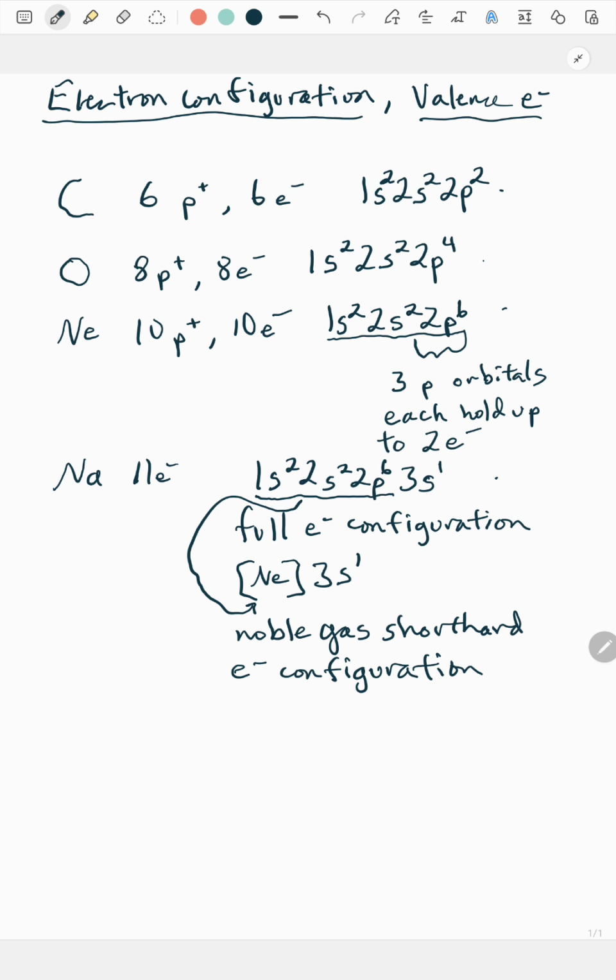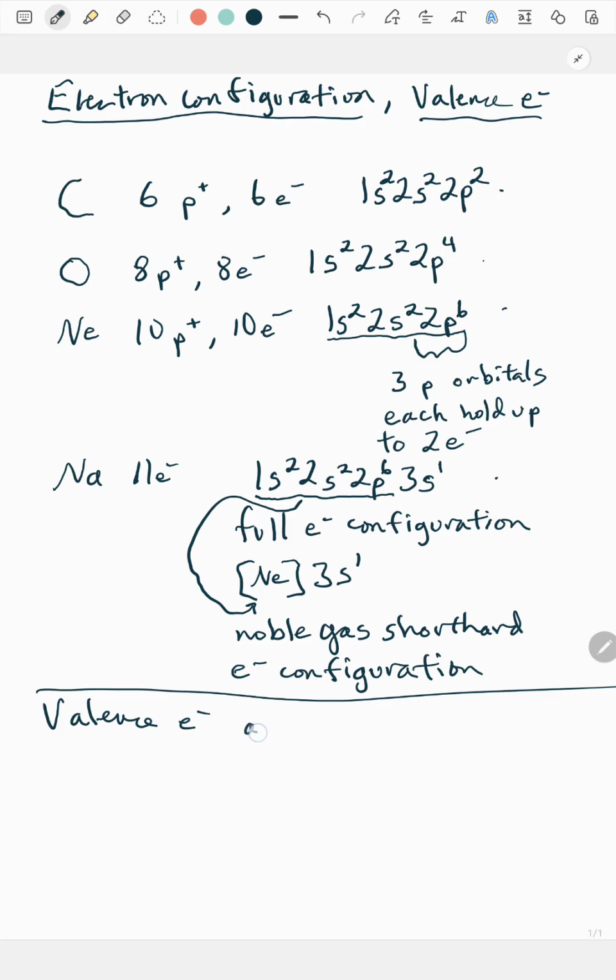Electron configurations are important because they help us understand valence electrons. Let me shift to talk more about valence electrons.